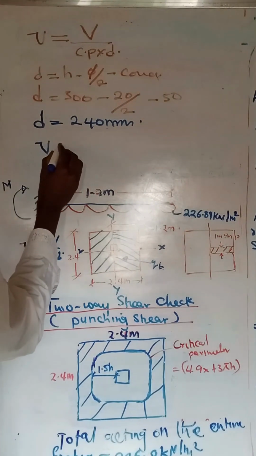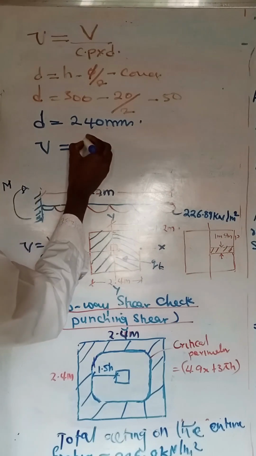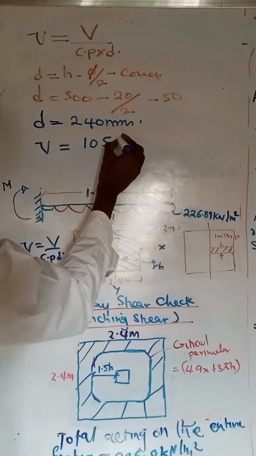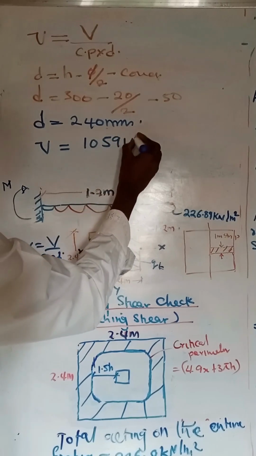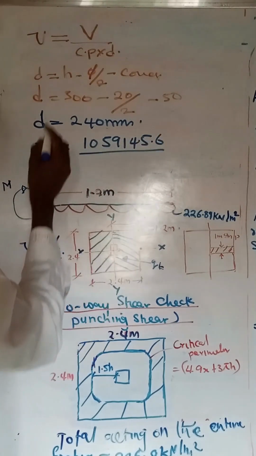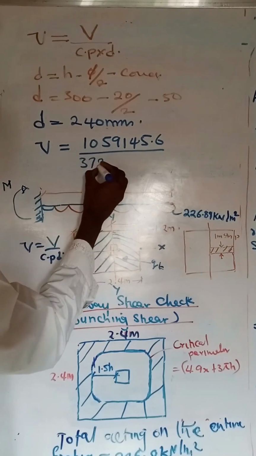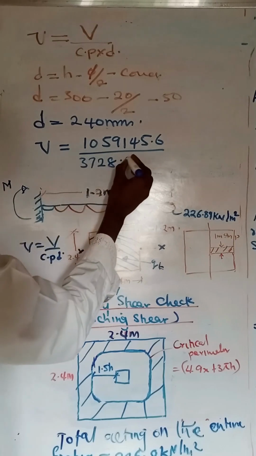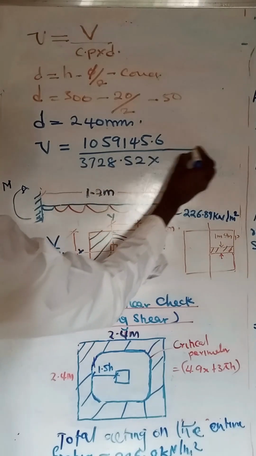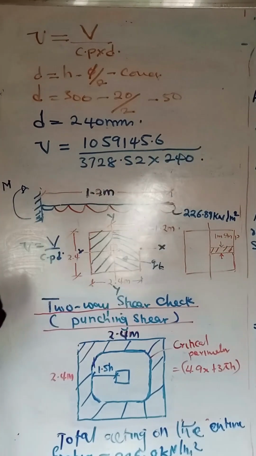The punching shear stress becomes the total force acting, which we've gotten before to be 1059145 times 0.6, divided by the critical perimeter, 3728.52, times our effective depth, 240. All right. So we'll solve this out and let's find out what our punching shear is.